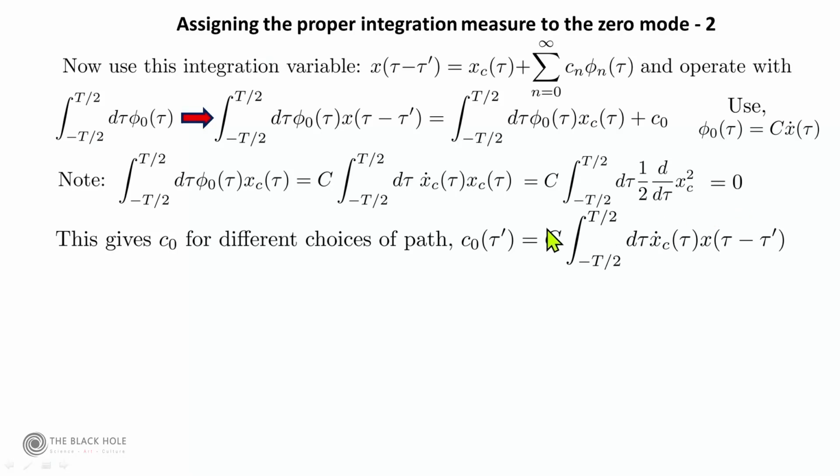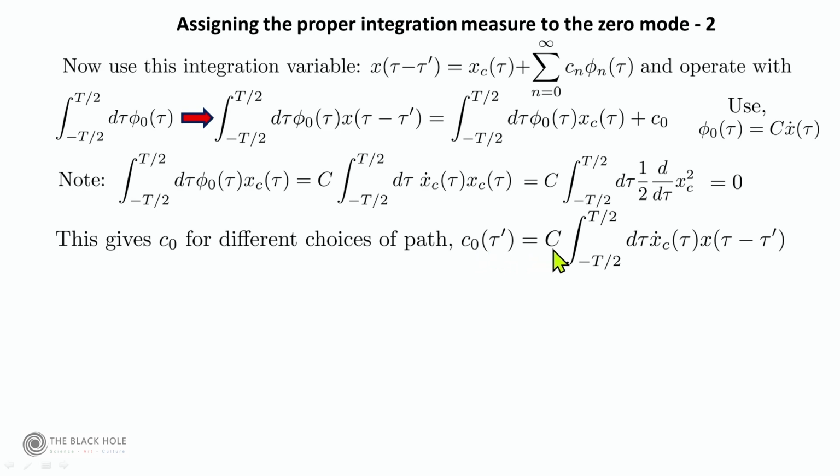Okay, so now we have this equation with this term having gone away. And so C0 of tau prime, you see, there's a dependence now on tau prime. That dependence we will get to, that dependence we will use to get our measure.